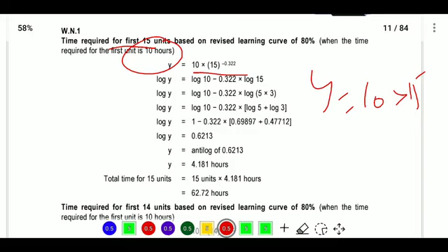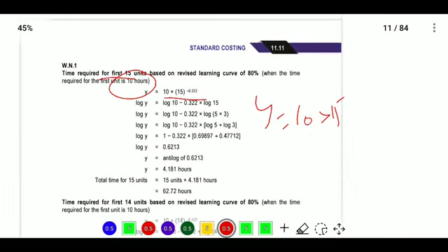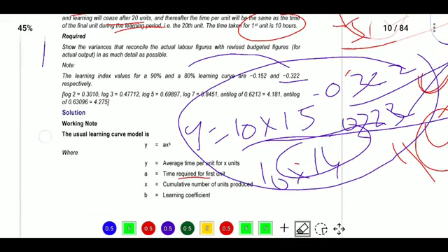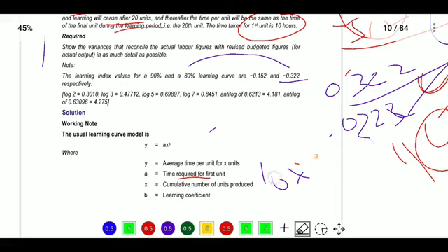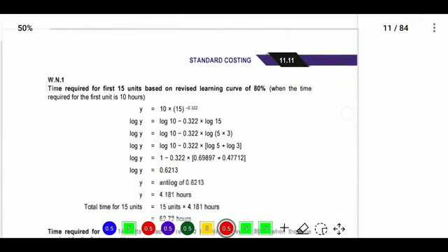Now we will apply log on both sides. When we apply the log on both sides, here they provided the log values. So log 2 was provided, log 3 was provided, log 5 was provided, log 7 was provided, but we don't have the log 15 value.